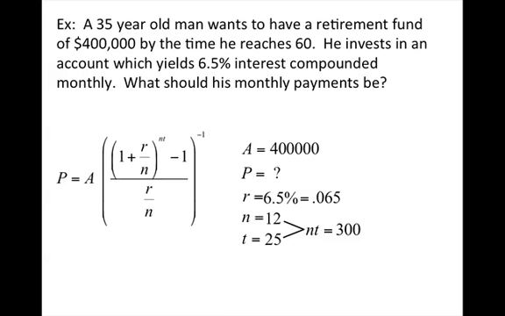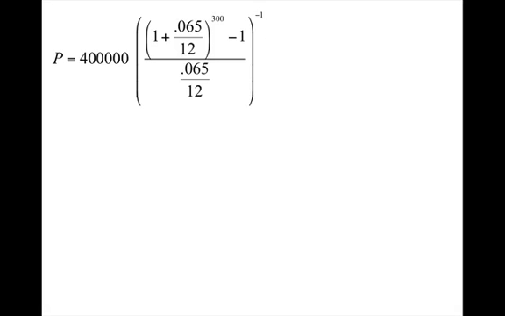So plug this into your formula. So P equals 400,000 times 1 plus 0.065 divided by 12. This time it's raised to the 300th power. Then minus 1 divided by 0.065 divided by 12. And all of that's raised to the negative 1 power.